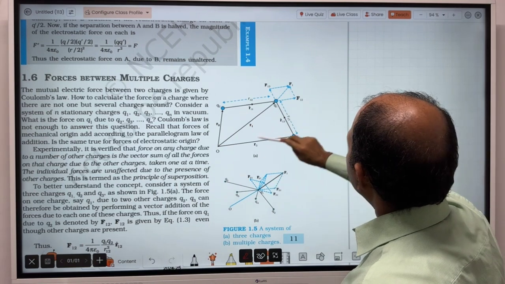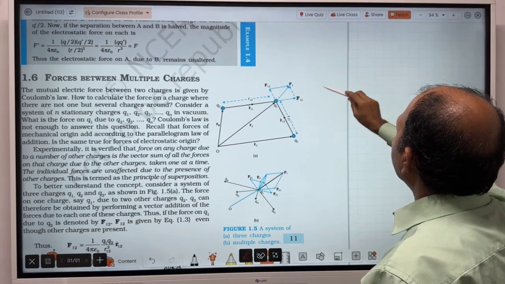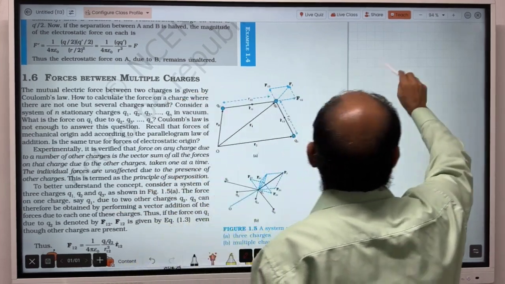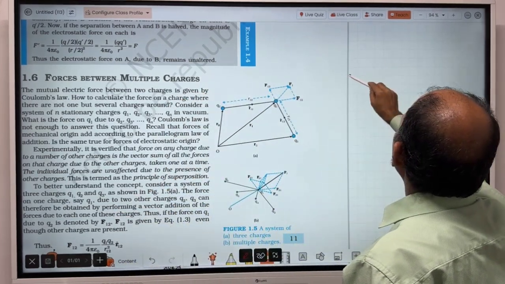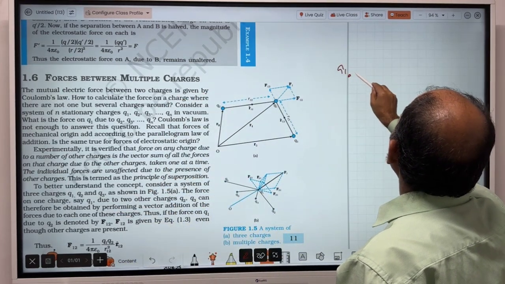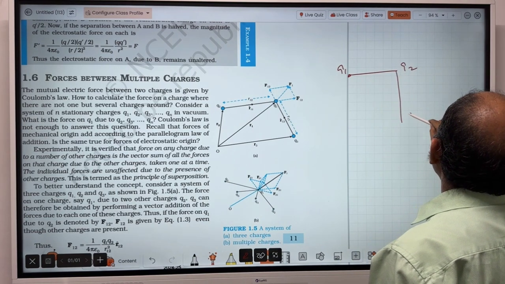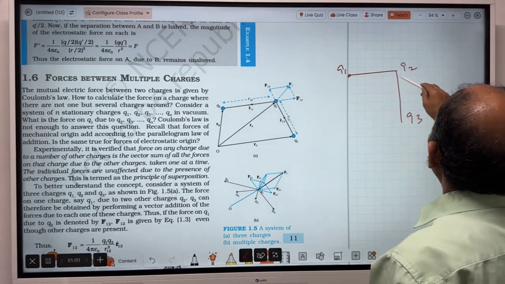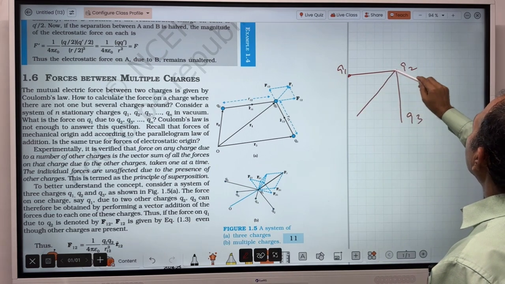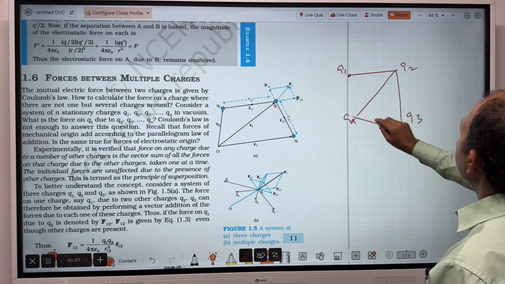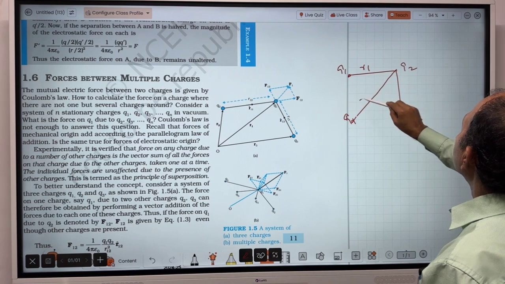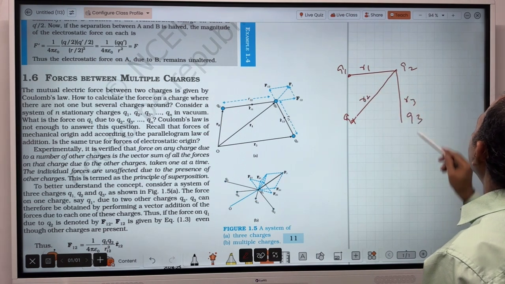So there is a charge system here. I can show you in a better way. Suppose here there is one charge, say this is Q1, here there is Q2, here there is another charge Q3, and there is another charge here Q4, and separations are given. Say this is R1, this is R2, this is R3.